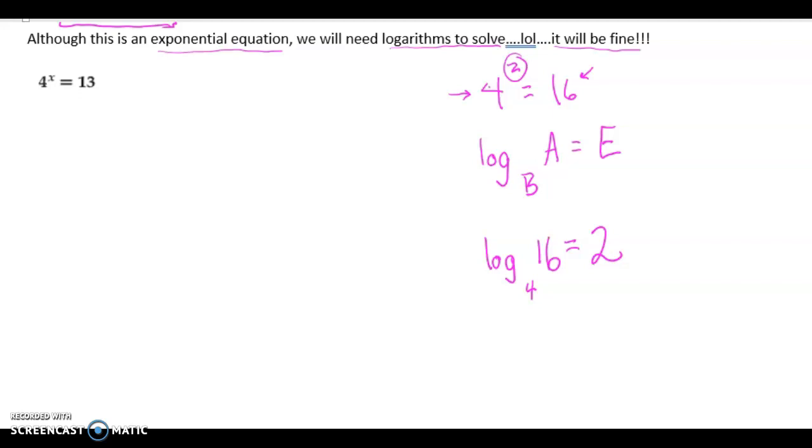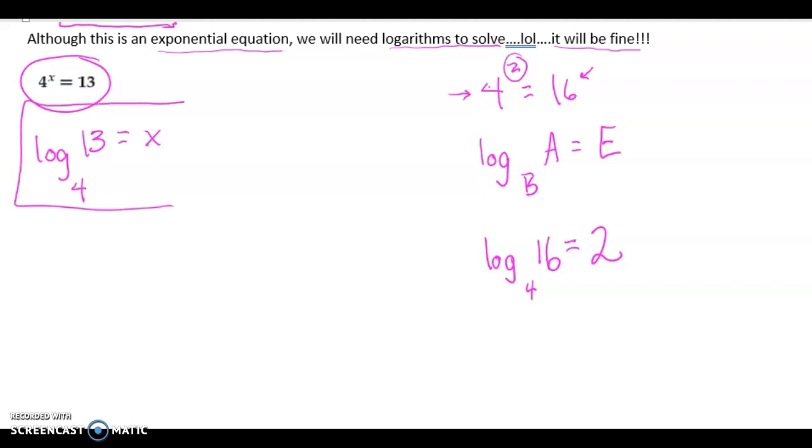So if I were to apply that same pattern to this, it would say log, my base is the 4, the answer is the 13, and the exponent is the x. This is the exact value. Log base 4 of 13 is what x equals.